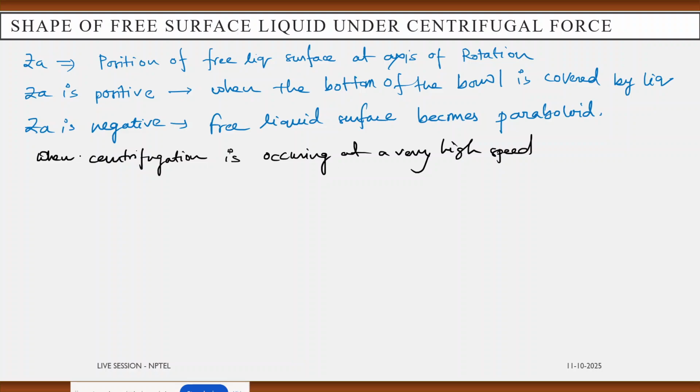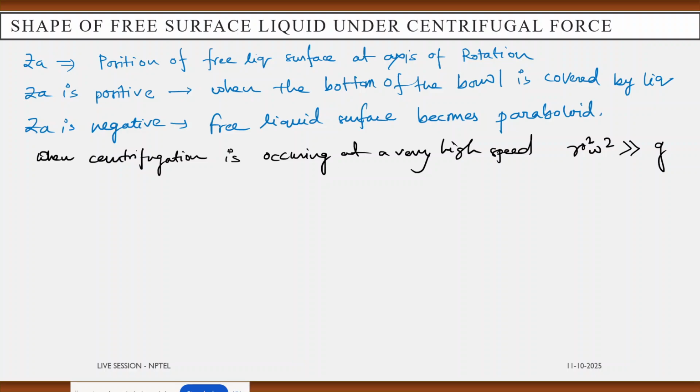Then the condition appears when this term r square omega square is very much greater than g. And always when you deal with industrial applications, they operate centrifugation at a very high speed.